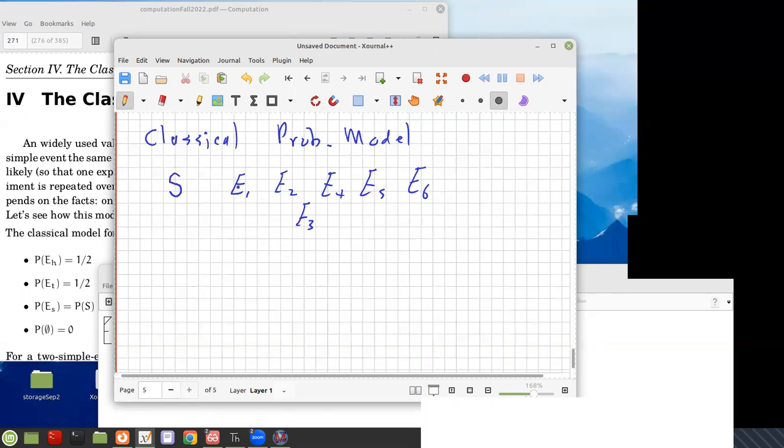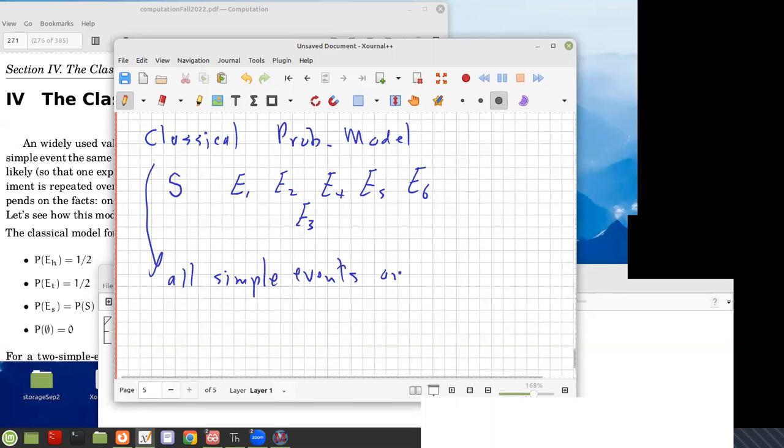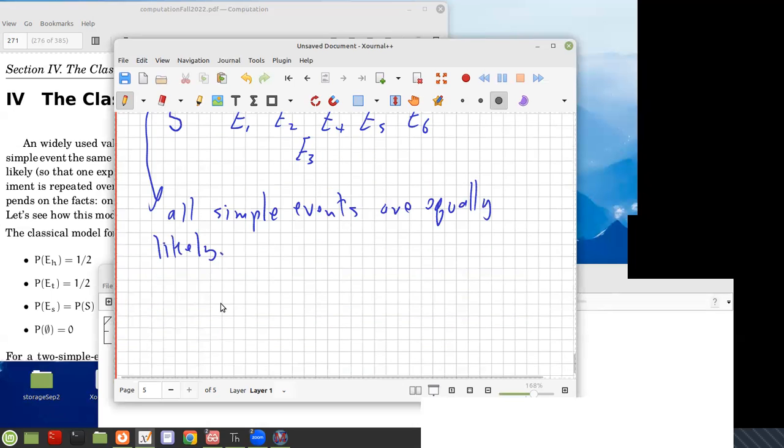We'd have these simple events. And so if the classical probability model wants to assign all the simple events as equally likely, then that means that they're all the same.